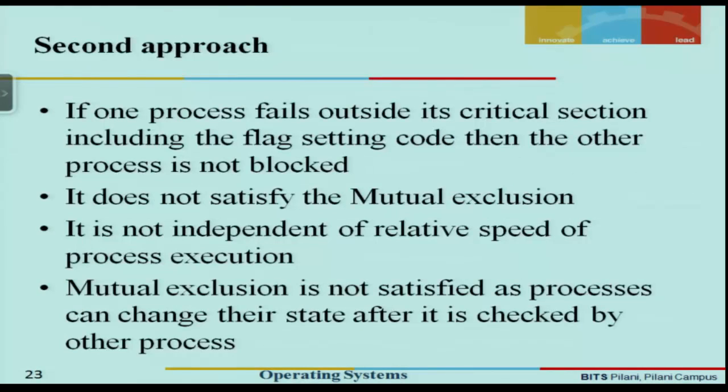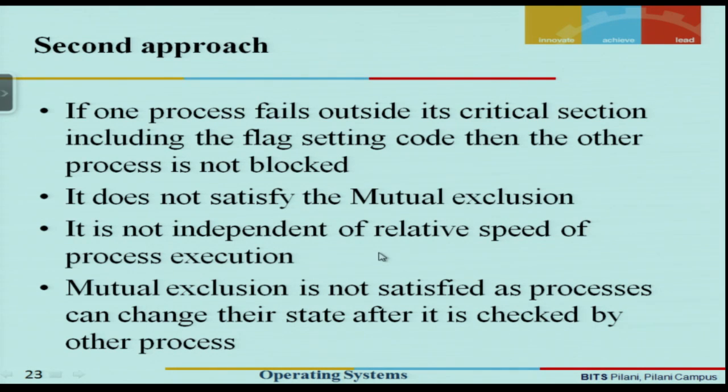So these are a few observations for this proposed solution. The one is that we have already analyzed that it does not satisfy mutual exclusion, and we know that if these processes are individually accessed in an ordered manner, then it will give me a correct solution.